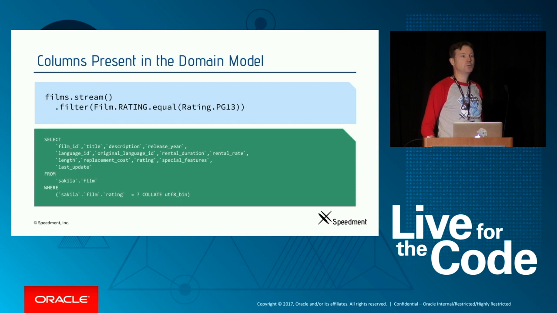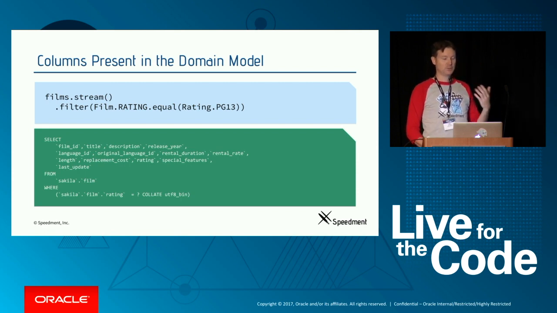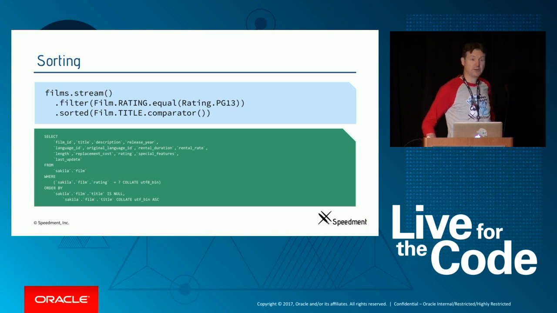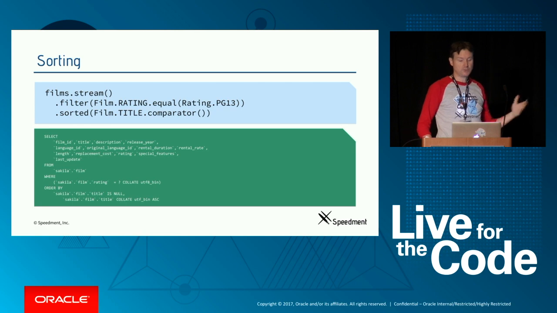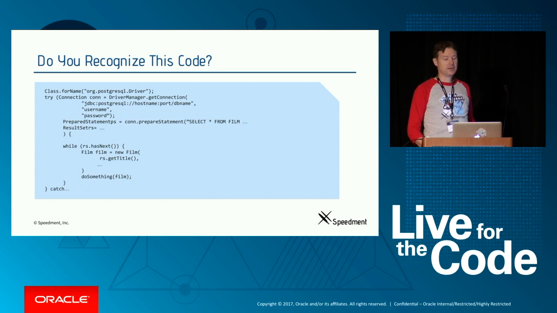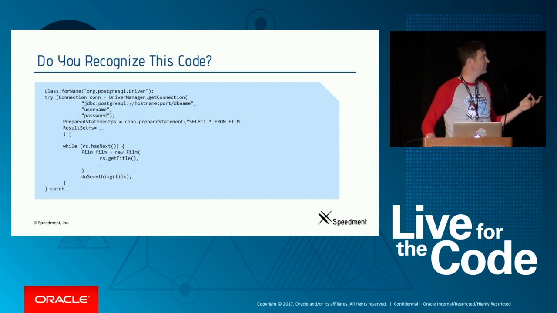And of course, you only want to retrieve those columns that are part of your domain model, so you need to write even more code. If you just add something sorted, in this case we apply a comparator, then your SQL code is going to be even bigger, and you have to worry about whether the order is null sensitive. Do I want nulls first or nulls last, or things like that? In Java it's clear, and this is only the stream, but then you have to write all the boilerplate code around.